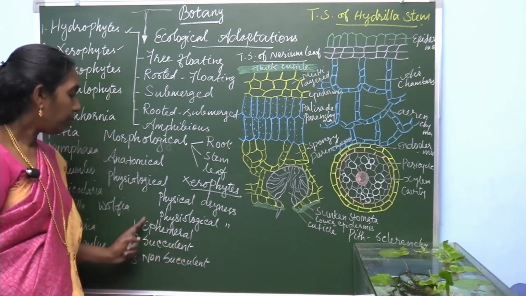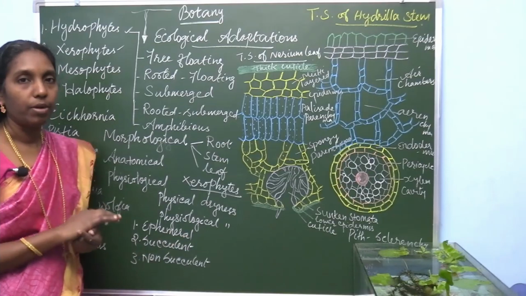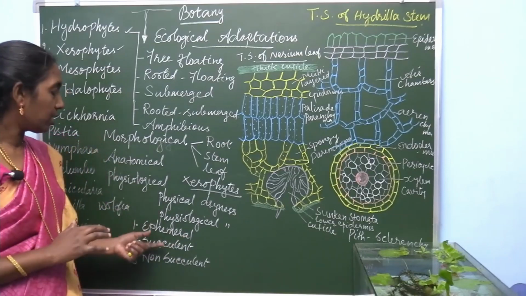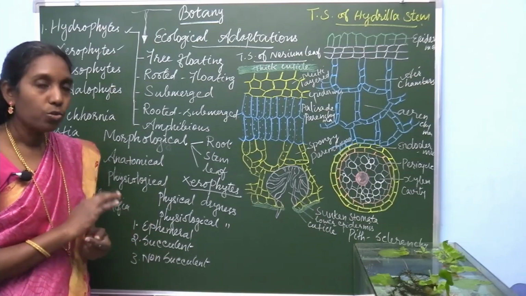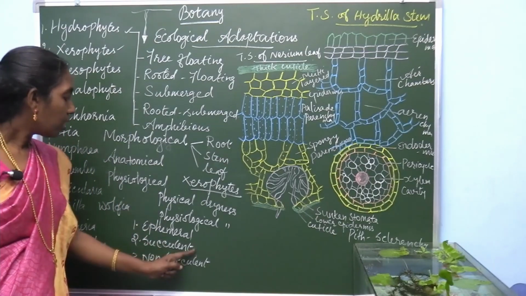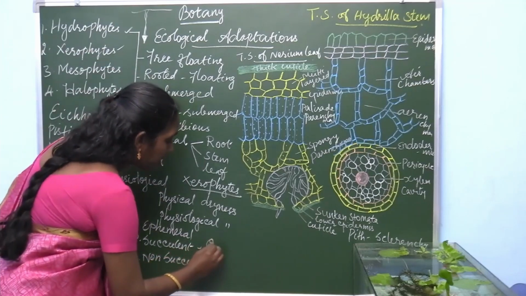These ephemeral plants, example Tribulus, are short living plants. The lifespan of these plants is very short and they are not true xerophytic plants. Succulent plants, examples Opuntia and Aloe.